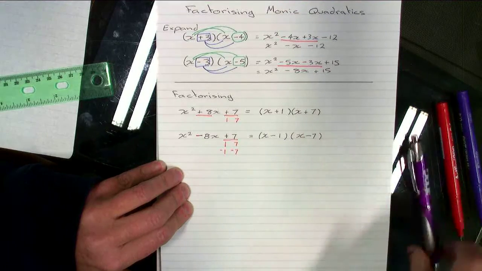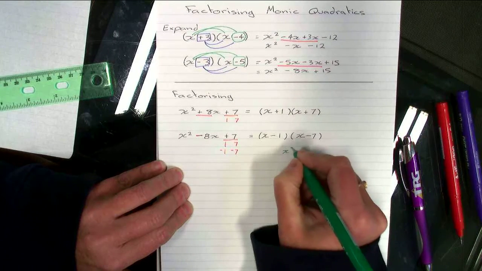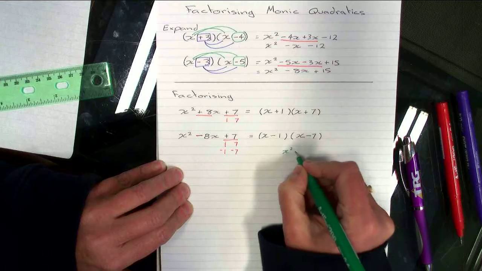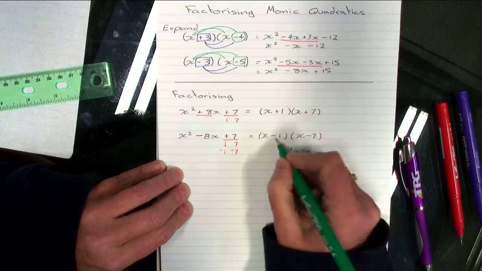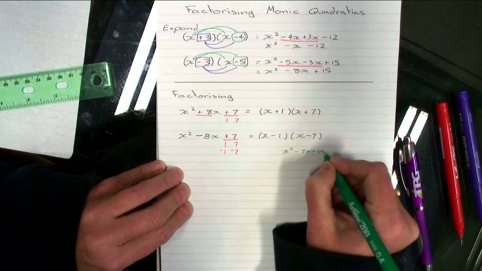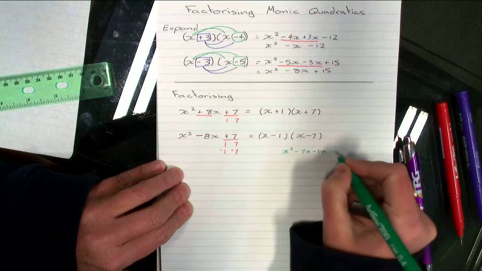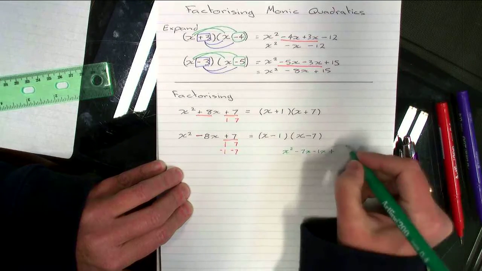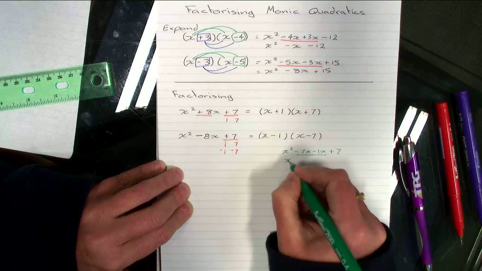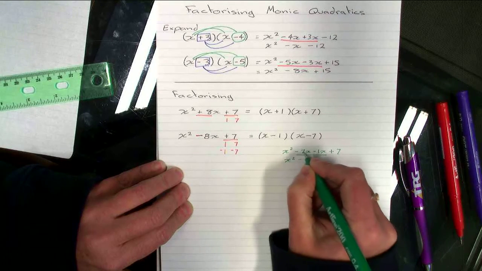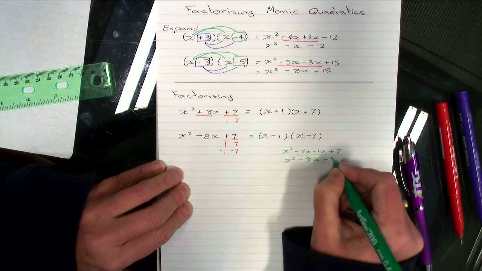I'll just show you, if we multiply this out, x times x is x squared, x times minus 7 is minus 7x, minus 1 times x is minus 1x, minus 1 times minus 7, a minus times a minus is a plus, 1 times 7 is 7. So these are our like terms. So we've got x squared minus 7 minus 1 is minus 8x plus 7.